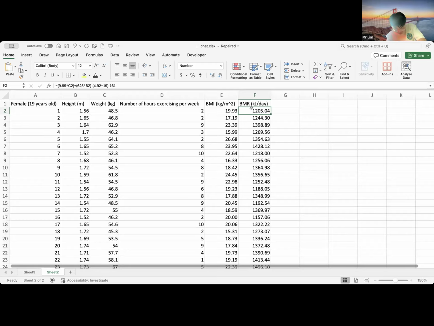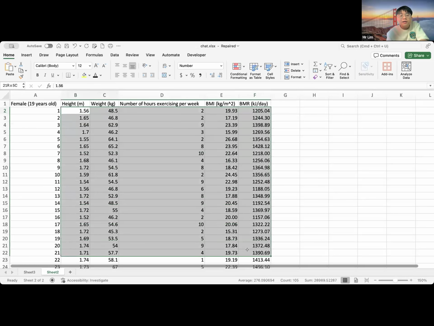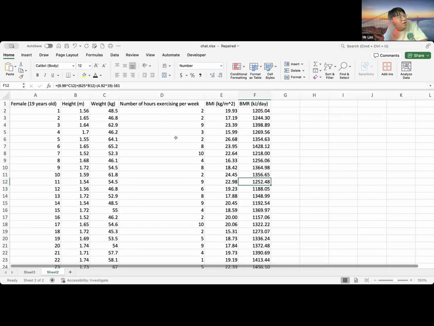Let me read the question for a while. Okay, all of these data can be made into a plot. That means that you have five different columns, and for each of these five different columns, it can be generated into a plot. Let's say you want to talk about the height, so you make your x-axis the height, and the y-axis the frequency.